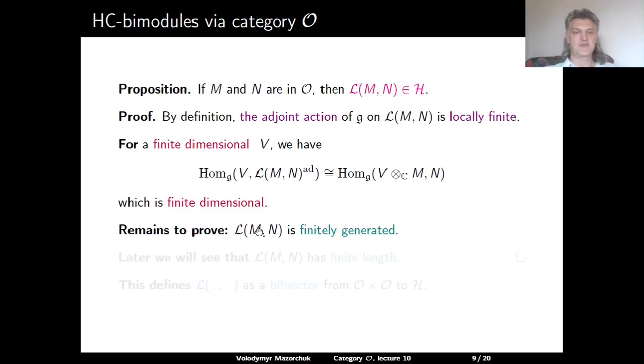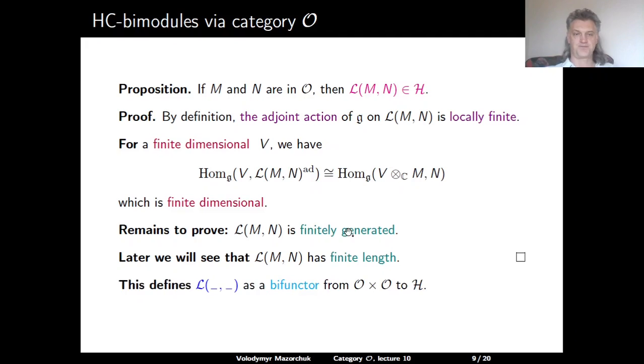It remains to prove that L(M,N) is finitely generated. We discuss it later. In fact, we will see that L(M,N) always has finite length if M and N are objects in O. So in this way, we define L as a bifunctor from O to H.